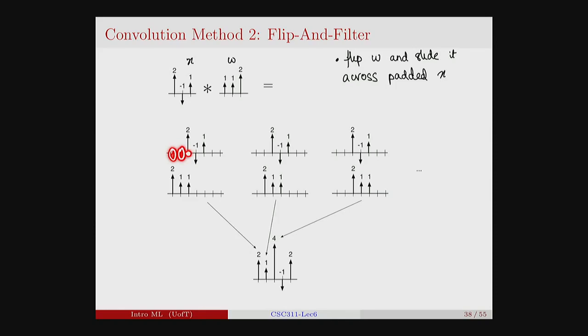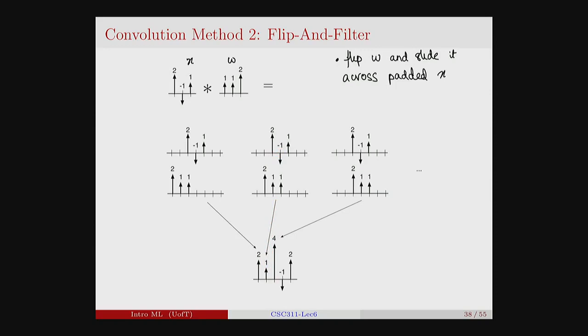There is an overlap here, and that's just going to be a 2. That ends up as this first 2 here. Then I'm going to move it by 1. There's no overlap here, so that's a 0. There is an overlap here, that's going to be a 2. And there is an overlap here, that's going to be a minus 1, and that results in 2 minus 1, which is 1.